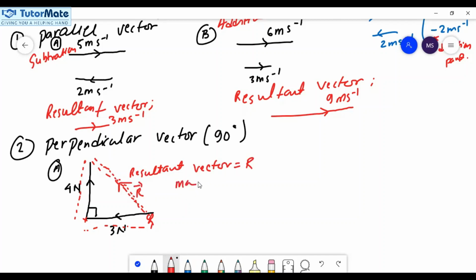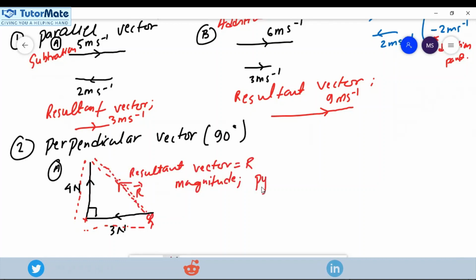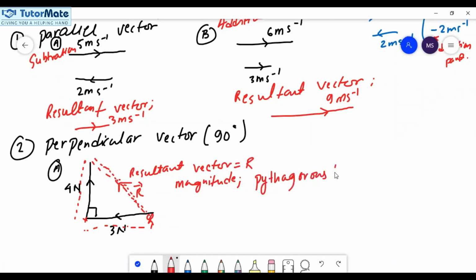And what is its magnitude? We'll use the Pythagoras theorem here. That is h square equals p square plus b square.